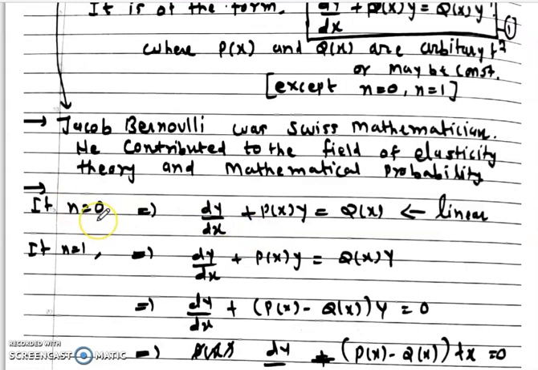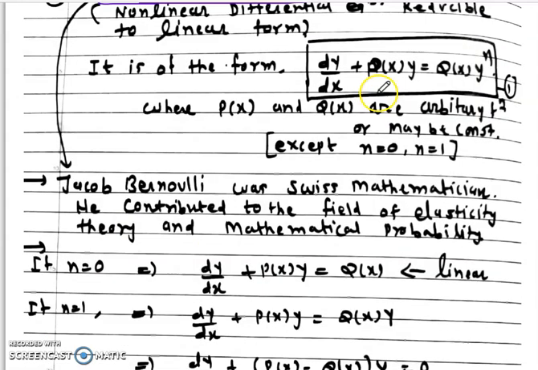If n is equal to 0, what is it going to be? dy by dx plus p of x y is equal to q of x, and that is the standard form, so linear. If n is equal to 1, what can we say? dy by dx plus p of x y is equal to q of x y.